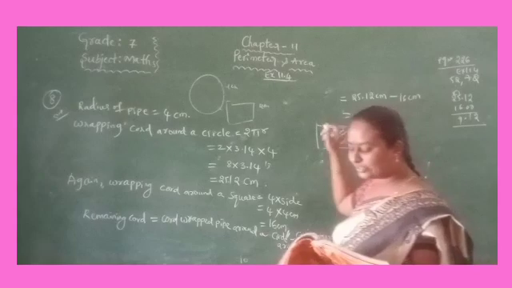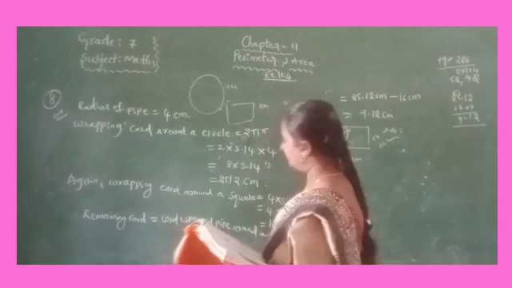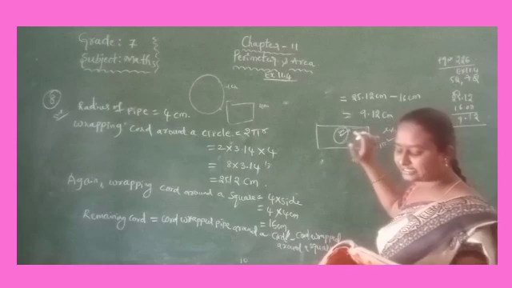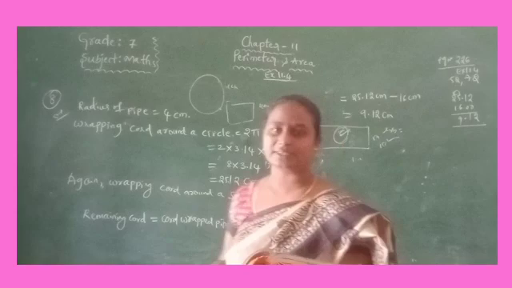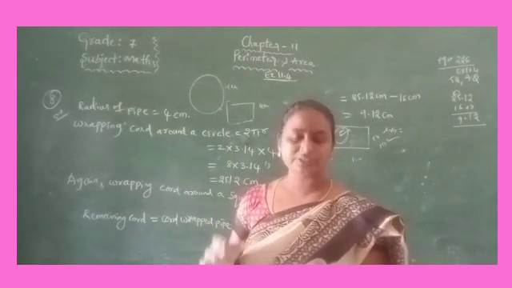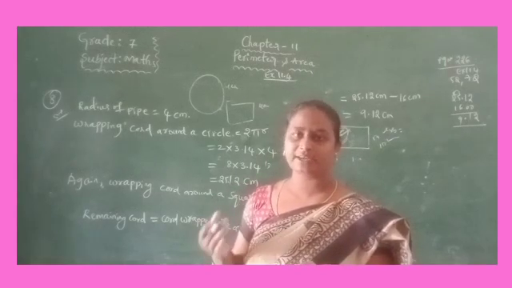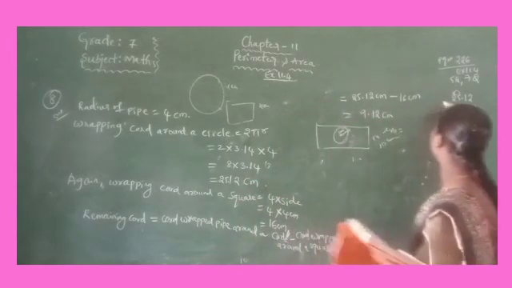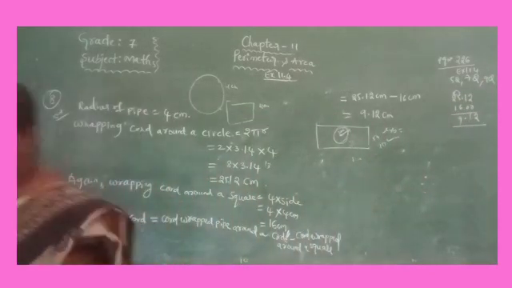Area of the lawn excluding the flower bed means you subtract the area of the circular flower bed from the area of the rectangle. And the circumference of the flower bed, circular circumference means 2 pi r. Substitute each value and you will get the answers. Substitute and use the formula of area of rectangle, area of circle and circumference of circle. This one is very easy, you have to solve it yourself. 9th question. Okay. So next copy the 10th question.